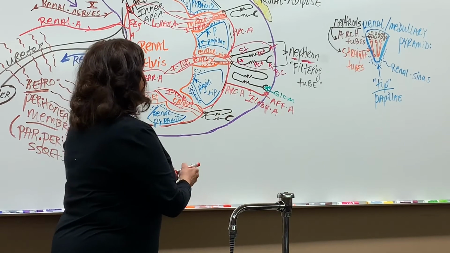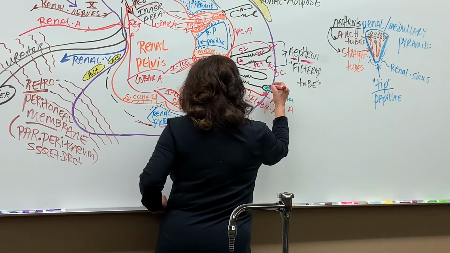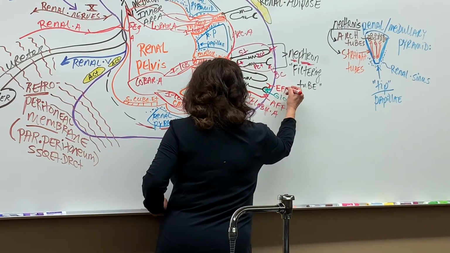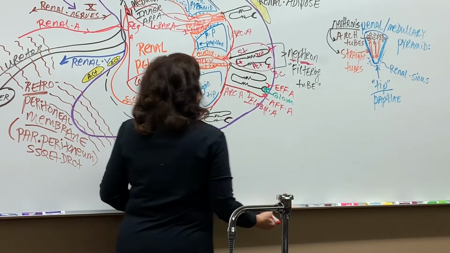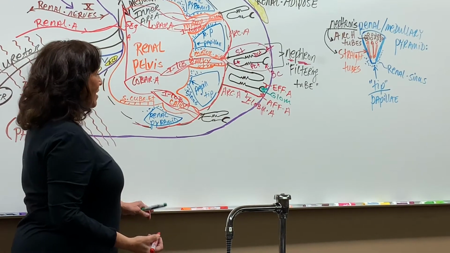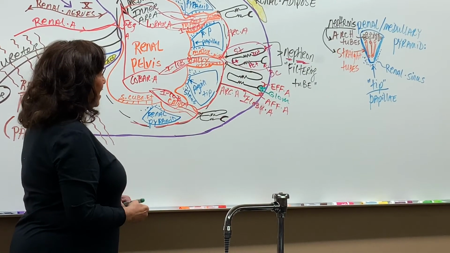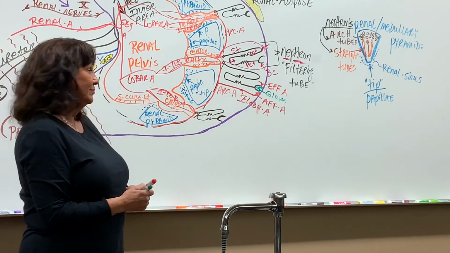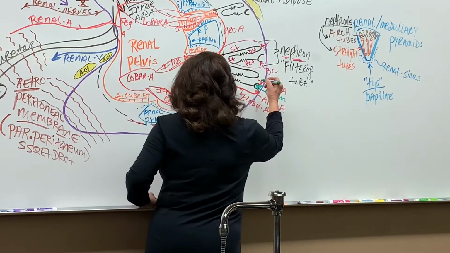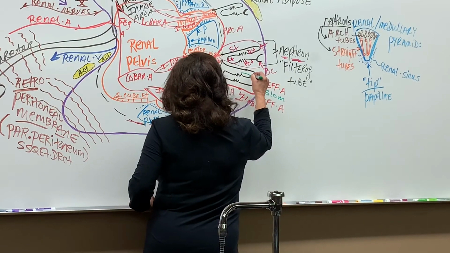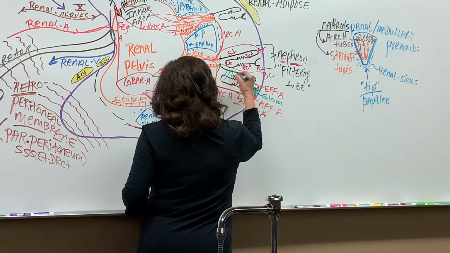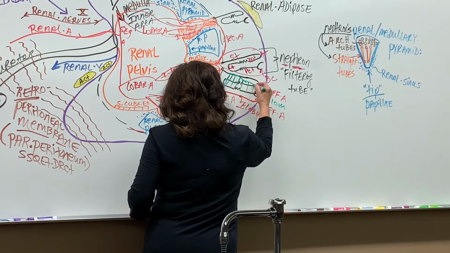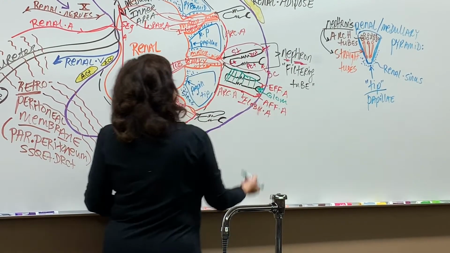And then it's going to come out like this and become the efferent arteriole, as it comes out. And so now the next thing it becomes is the vasa recta. The vasa recta is going to come down and give off all these branches that are going to cover these tubes of the nephron.